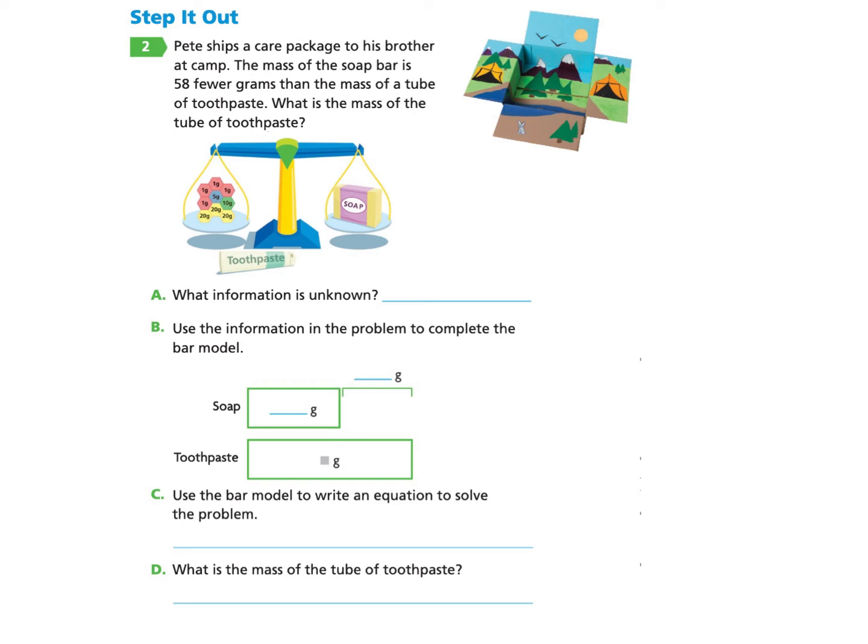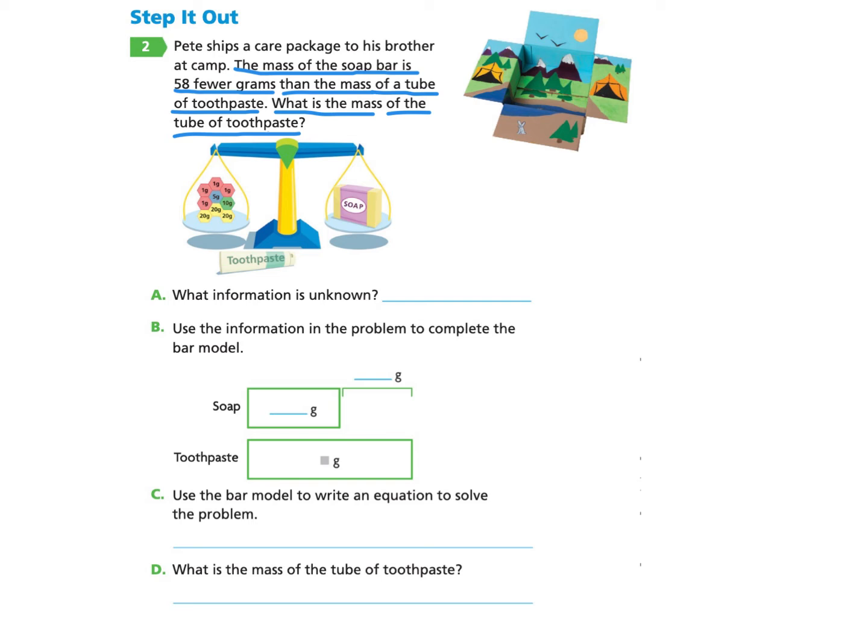Let's turn to the next page, page 448, under Step It Out, Part 2. Pete ships a care package to his brother at camp. The mass of the soap bar is 58 fewer grams than the mass of a tube of toothpaste. What is the mass of the tube of toothpaste?